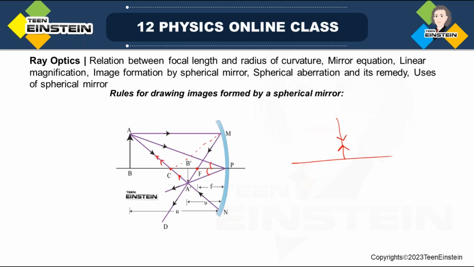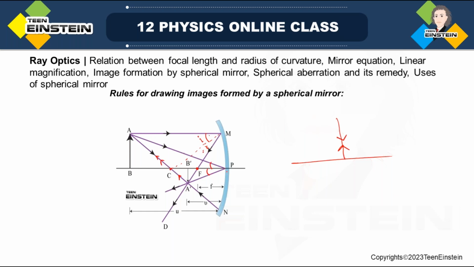So for any oblique ray reflected from the surface of the mirror, the law of reflection has to be followed. That means i should be equal to r.